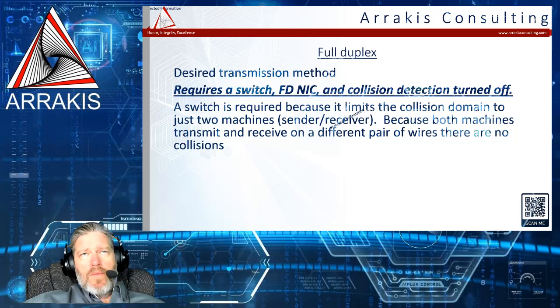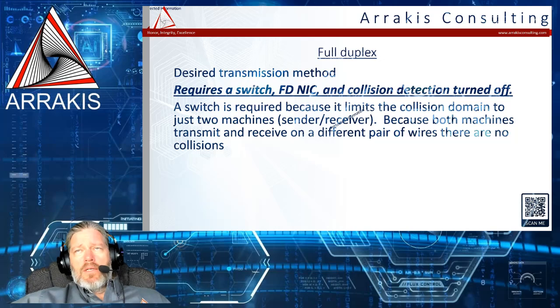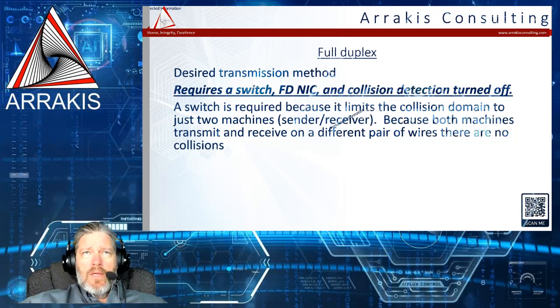All right, so the reason a switch is in use or needed is because it limits the collision domain to just two devices. And this is really the difference between a switch and a hub at the most basic level. In a hub, you have what's known as CSMA-CD, Carrier Sense Multiple Access Collision Detection.